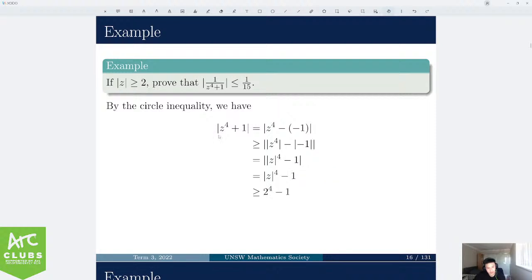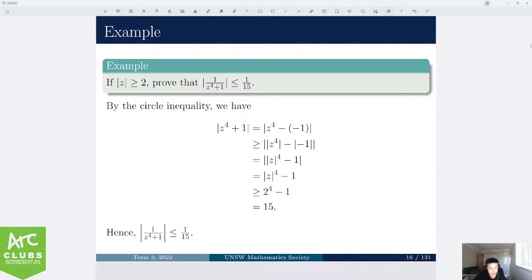And again, this is going to be bigger than or equal to 2 to the power 4 minus 1 from the given condition over here, and that's going to equal 15. And we simply take the reciprocal of both sides to get our desired inequality.